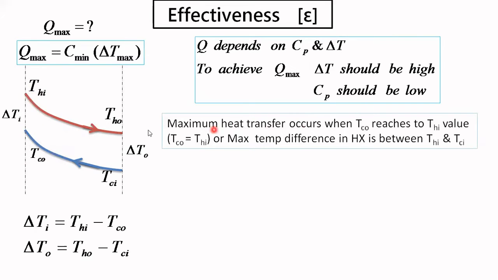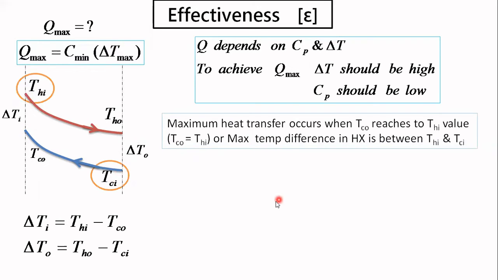Then we can say the heat transfer is maximum. So Tco equal to Thi, or we can say the maximum temperature difference inside the heat exchanger is basically Thi and Tci. So Thi minus Tci basically represents the maximum temperature difference inside the heat exchanger.